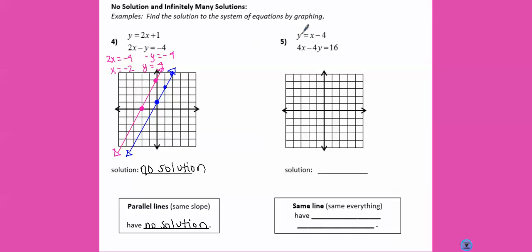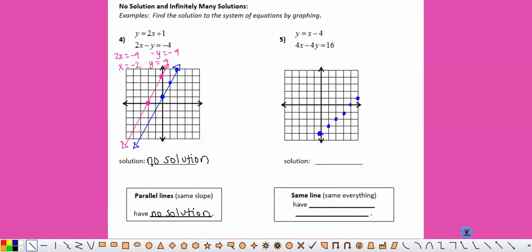In number 5, for our first equation, I'm going to start at -4, then use my slope of 1, so up 1 over 1. Connect the dots.